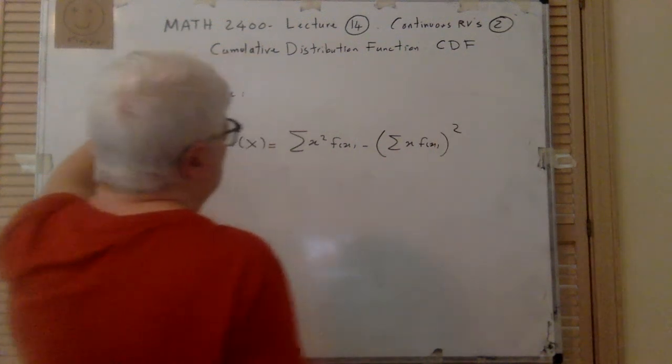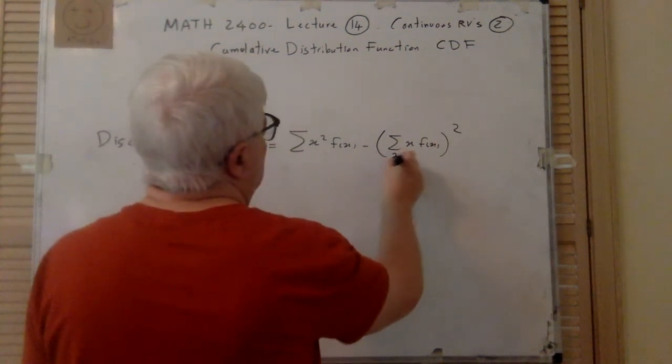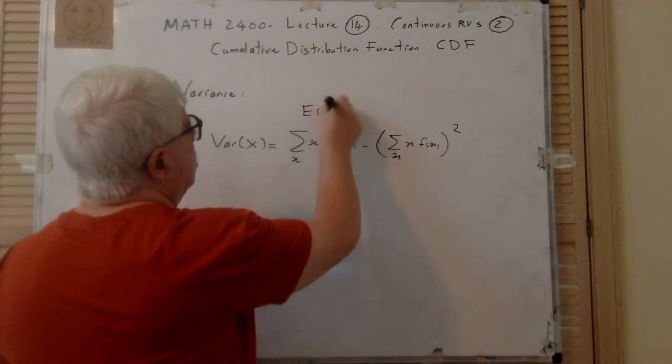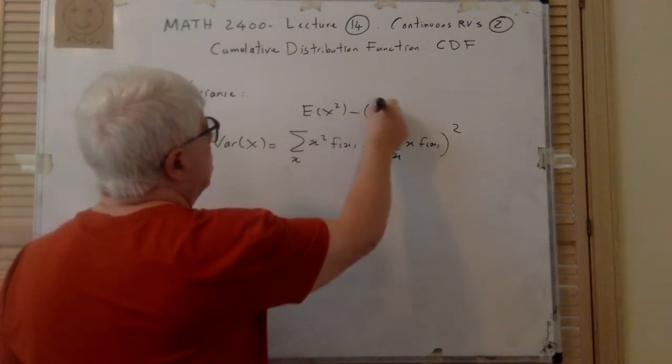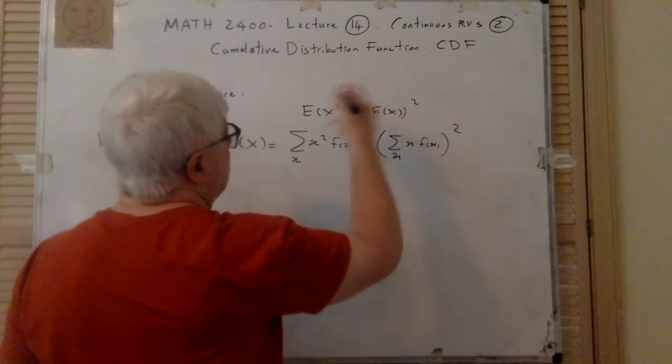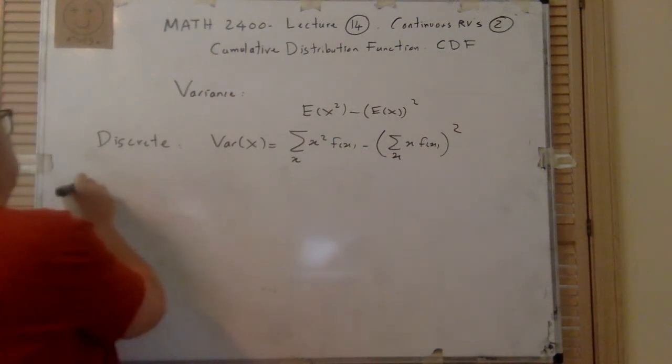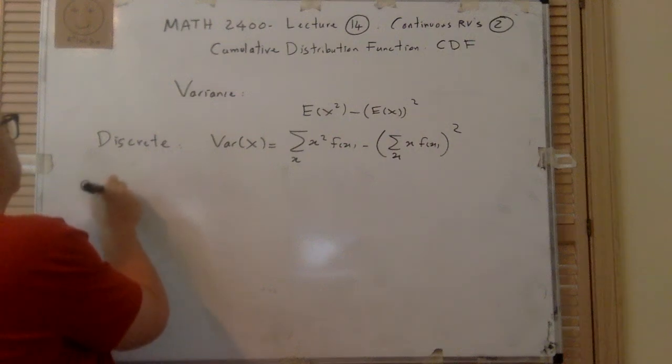Remember that? And that was in fact E of x squared minus (E of x) squared. So that's the same thing as in continuous.